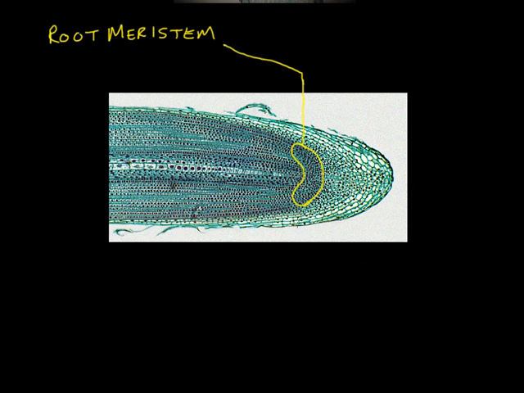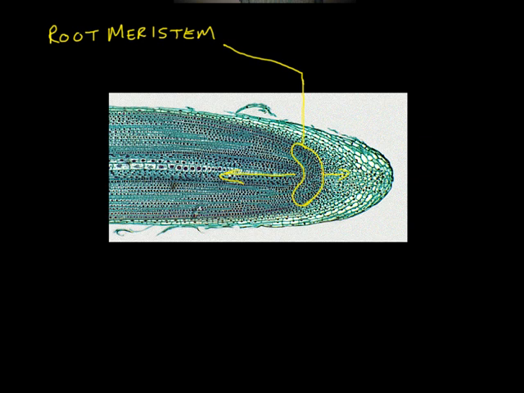And so these cells are rapidly dividing. They divide, and as they do, they lay down layers of cells in this direction, which pushes the rest of these cells forward. But they're also growing cells in the direction of the tip.